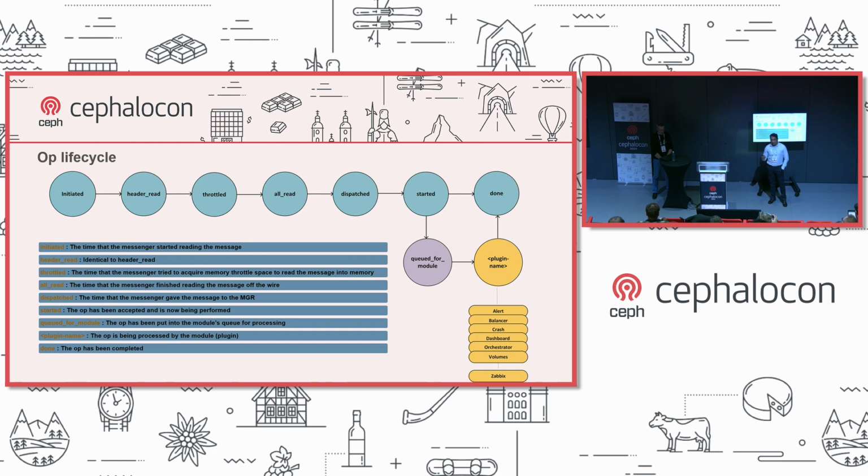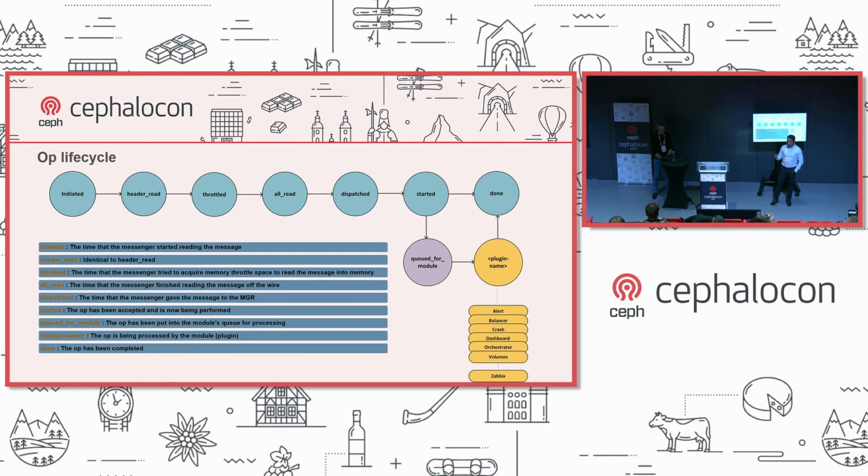Queued for module is when the op is handled by a particular module and not by the core module. So for the core module, only after dispatch and started, it just lands at done, because the core module mostly depends on the individual modules, like where we have initiated the commands, like Ceph fs commands or crash module commands.